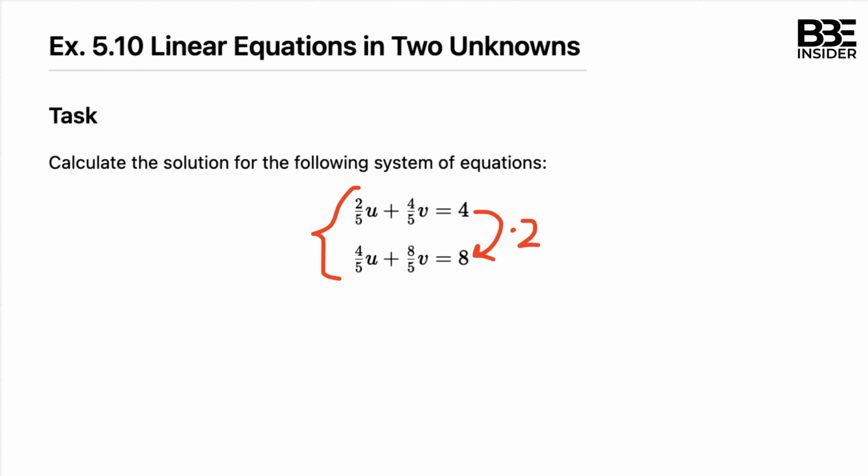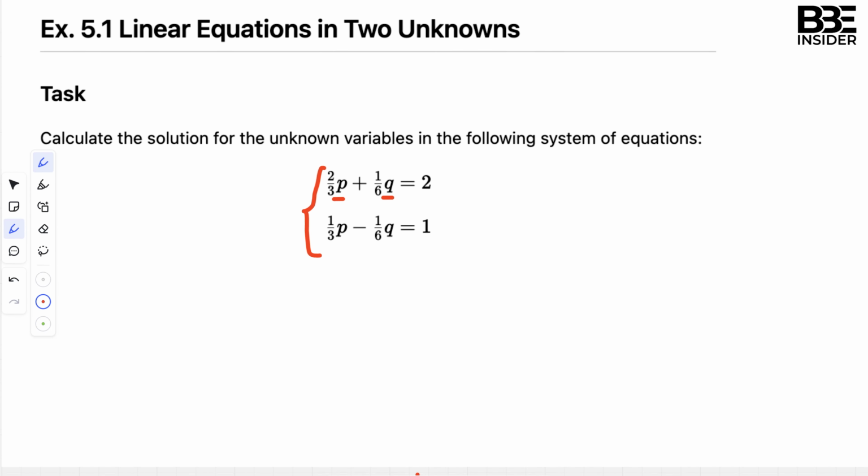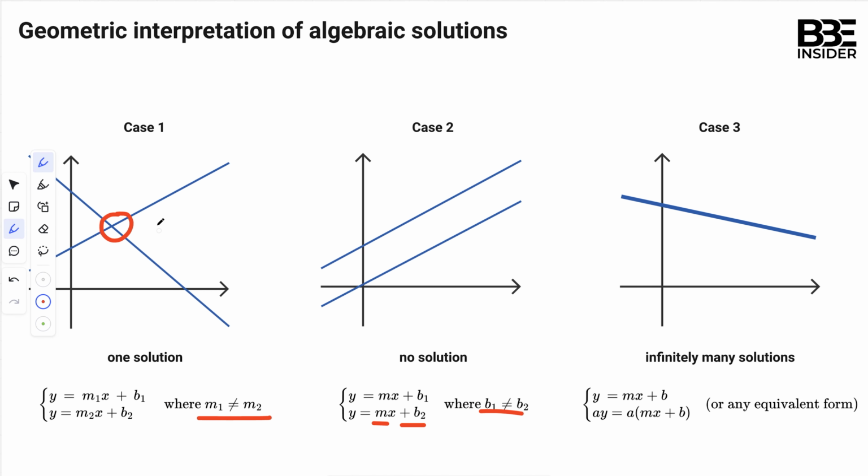How many solutions do we have in this case? When navigating back to what we talked about in the very beginning, the three solution cases, in a case where one equation is simply a scaled variation of the other equation, we have infinitely many solutions because the lines lie upon each other, and they intersect at each single point.